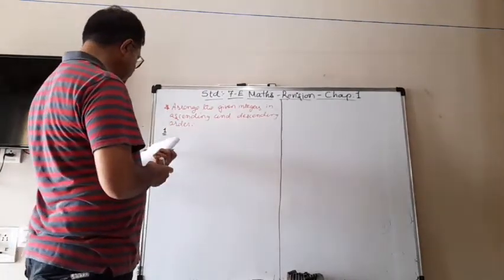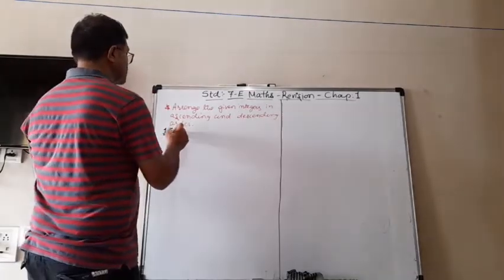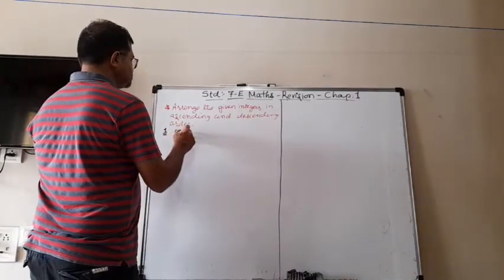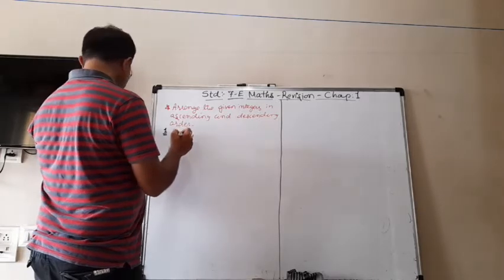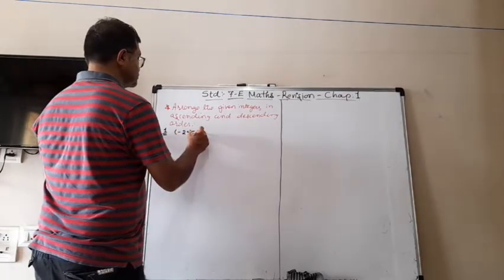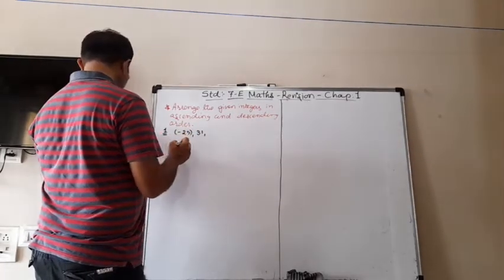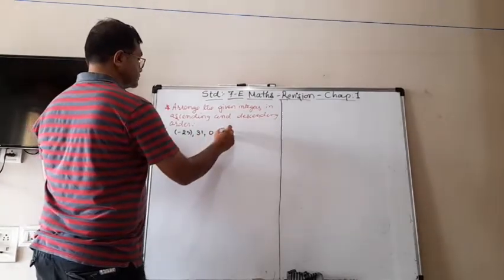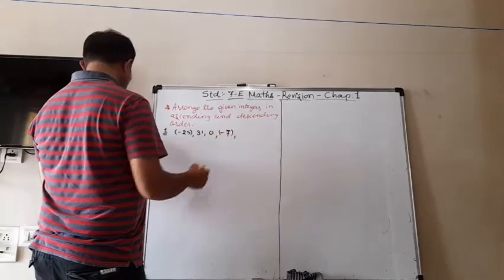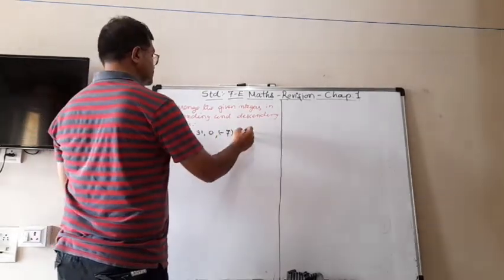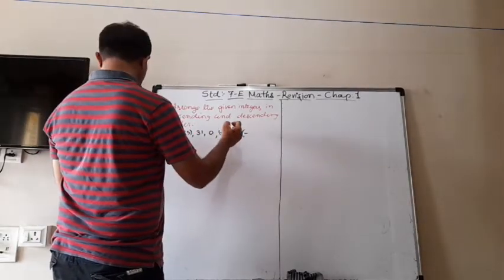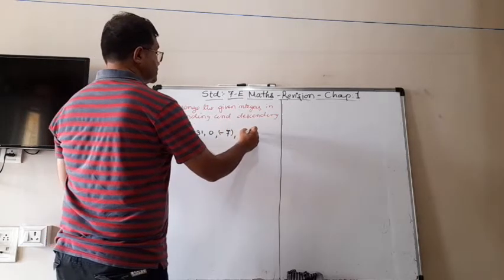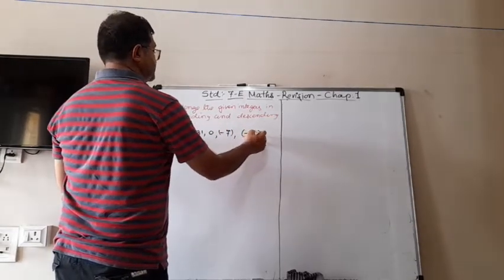The first set of numbers is like that: minus 25, 31, 0, minus 7 and minus 48.